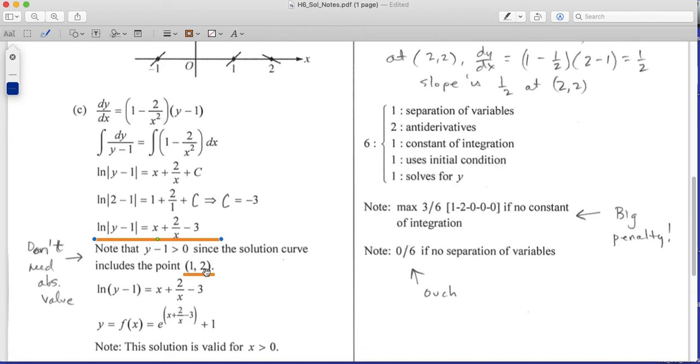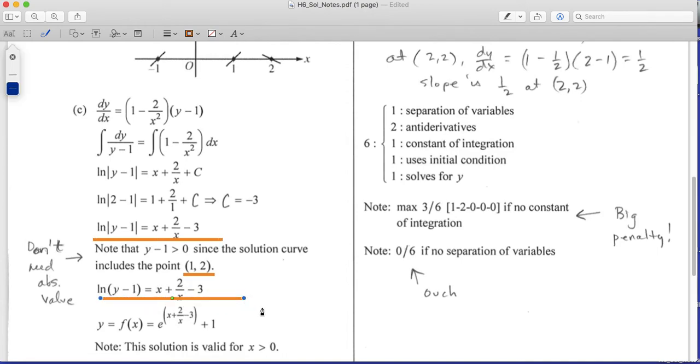But if you notice, at this point (1, 2), when y is 2, the argument of the absolute value, the inside, is positive. So since this is positive at 2, I know that the absolute value doesn't do anything for any point that's on the solution curve. So I can blow off the absolute value.